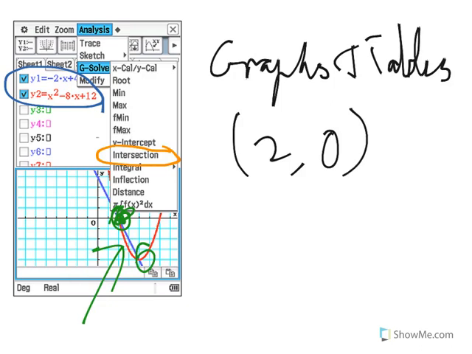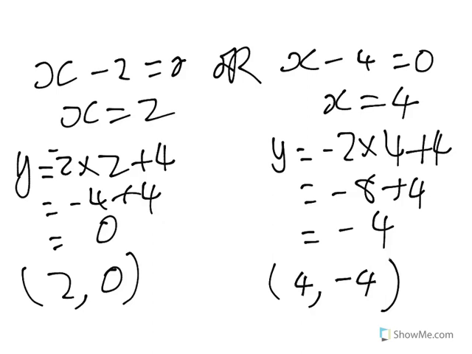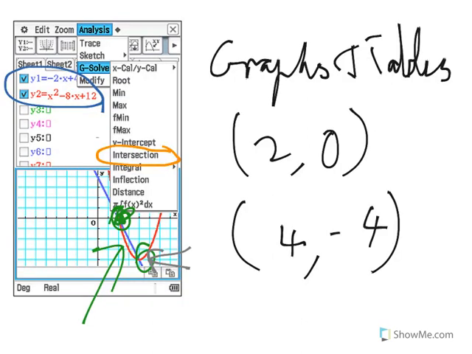If you want to find the other one, you push your navigation button to the right, and it goes across to there, and that tells you it's 4 and negative 4, which is exactly what we got by hand. So that's one way that your calculator can do it.